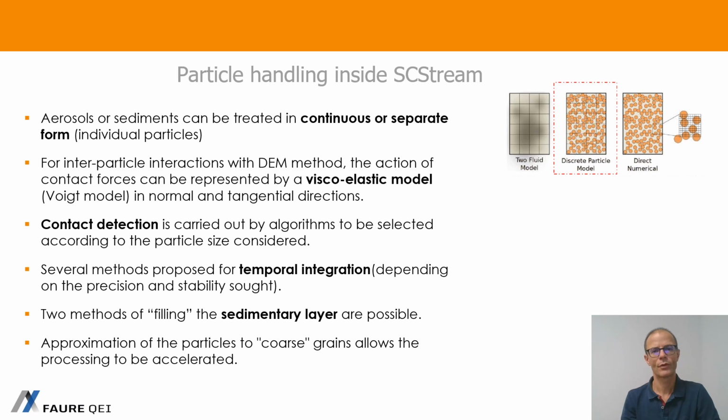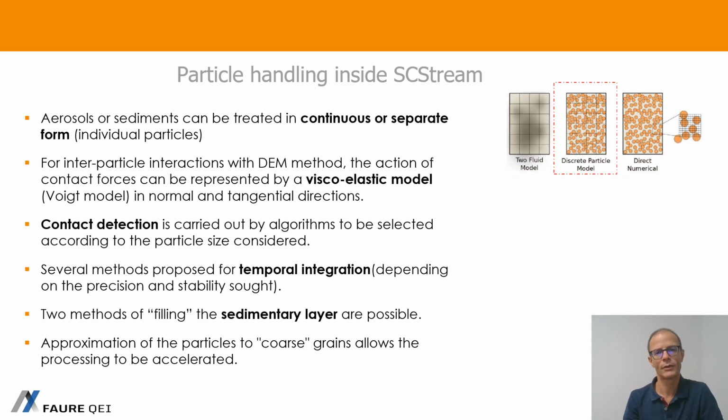Issued from Cradle technical papers, here are some insights on methods used to reproduce particle behavior. You will first choose between a two fluid model, which is a statistical representation of particles, or a discrete particle model, where each particle is computed. For the latter, the model includes a viscoelastic model that describes the contact of particles.